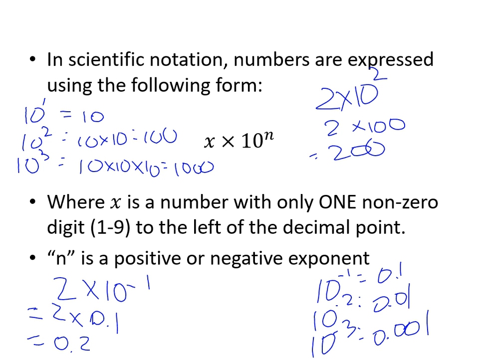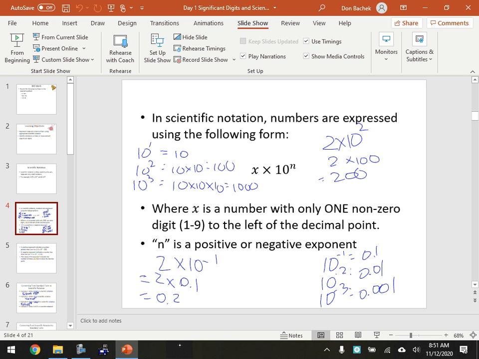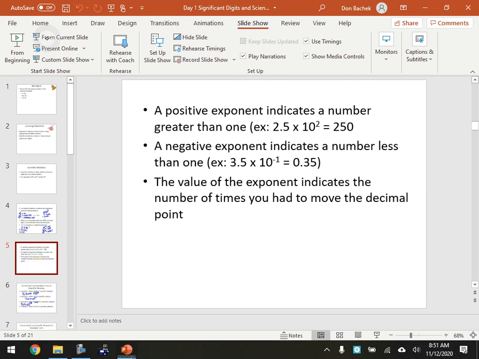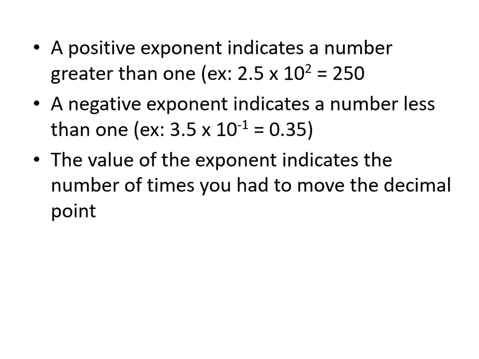So x is a number basically from 1 to 9, okay, to the left of the decimal point. N is a positive or negative exponent. Positive exponents indicate that the number is larger than 1, okay, greater than 1.